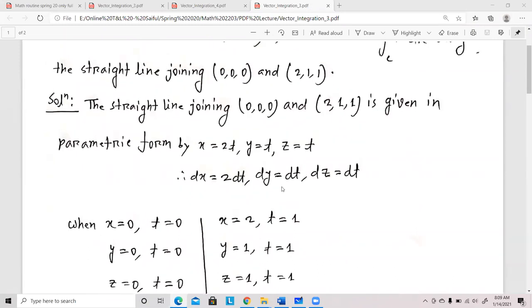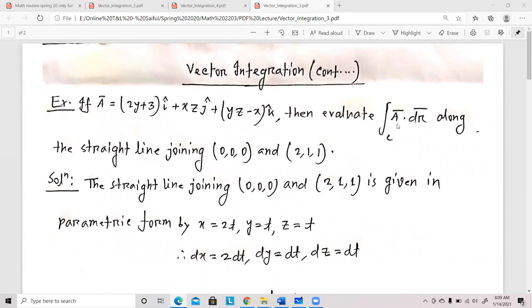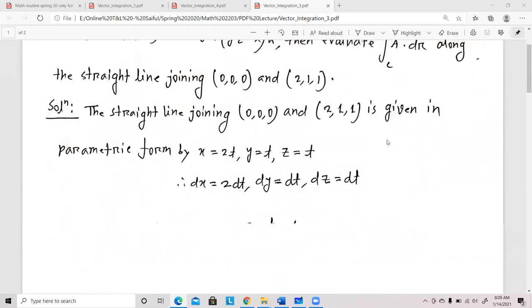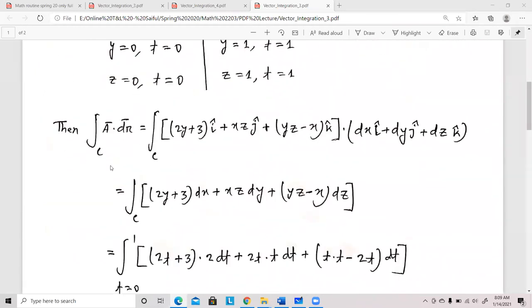So now if we do the dot product A dot dr for the line integral, this A is given in the question, and dr we know is dx i plus dy j plus dz k. Now if we do the dot product, we get twice y plus 3 into dx plus xz dy plus yz minus x into dz.